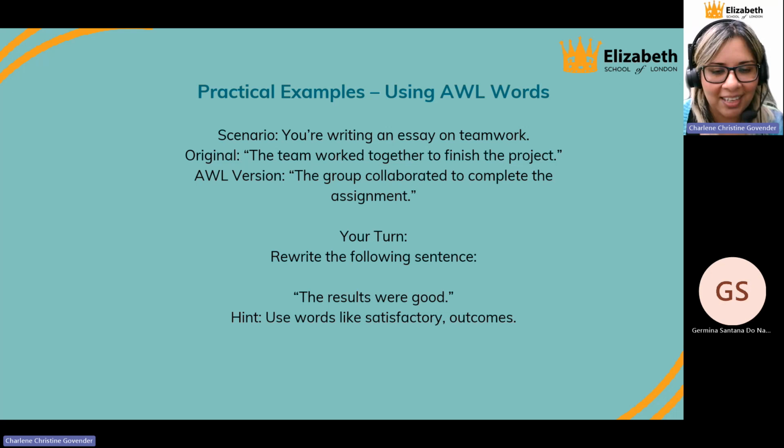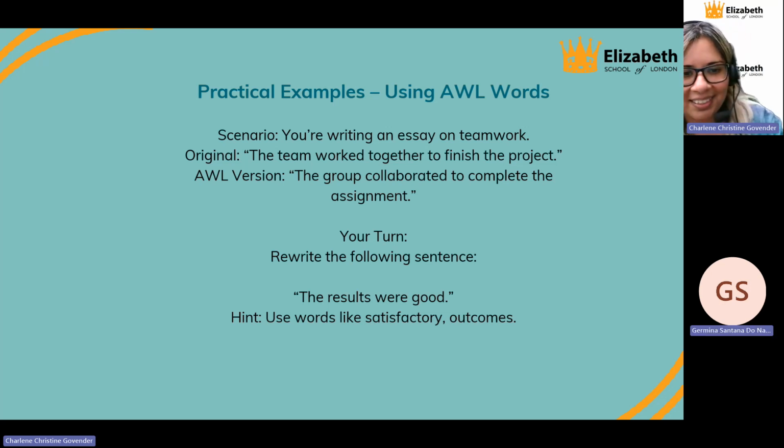The outcomes... Yeah, excellent. Keep going. Were excellent. Fantastic. Thank you so much for that. So the outcomes were excellent.